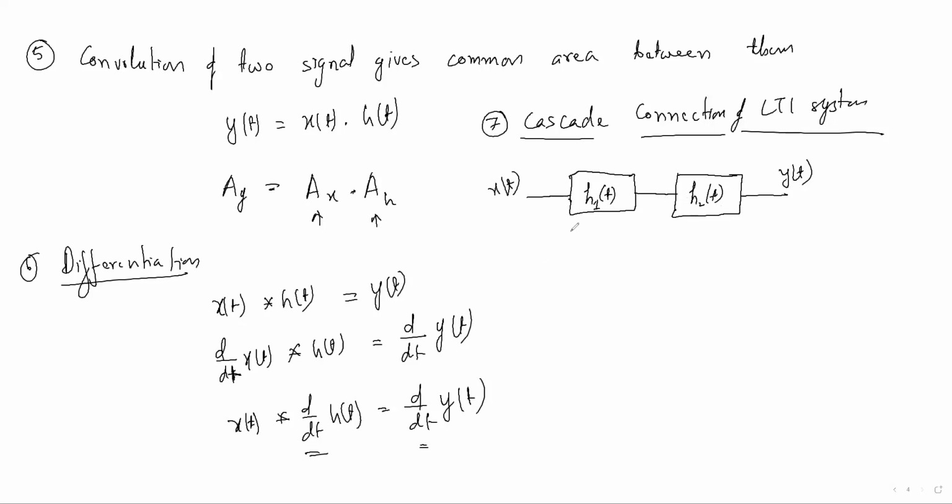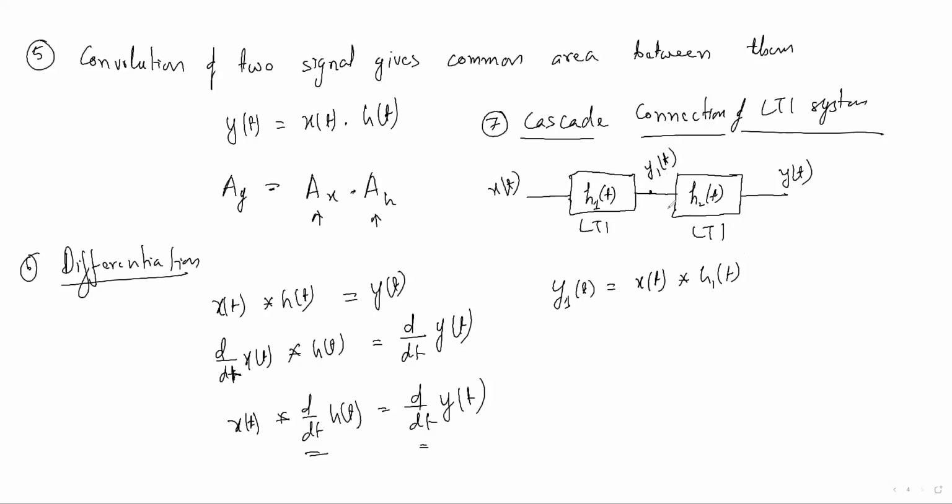Both are LTI systems. If we feed x(t) to h1(t), suppose the intermediate output is y1(t). We know y1(t) is the convolution of x(t) and h1(t). This we should know from the properties of LTI systems.